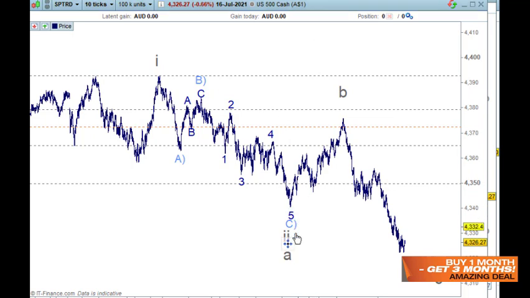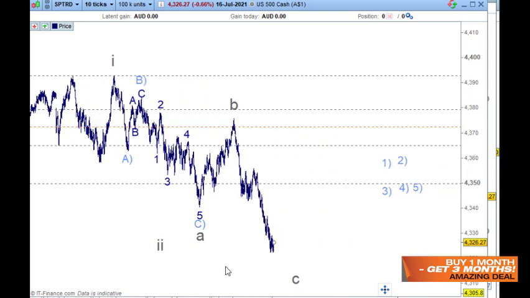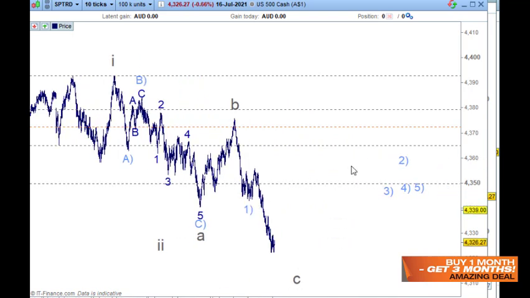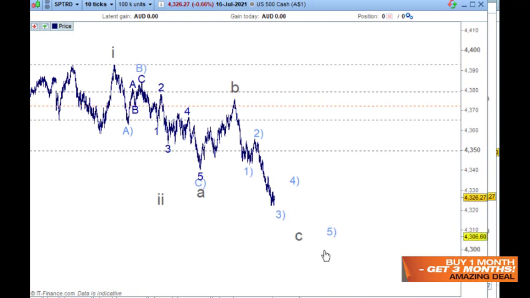If I remove the wave 2 here, we could put an A wave here, then a B wave here, and then a C wave moving down further, having 1, 2 and 3 down here somewhere. I haven't pulled that apart, but a wave 4 and a wave 5 would bring us down closer to the 4,300 area.